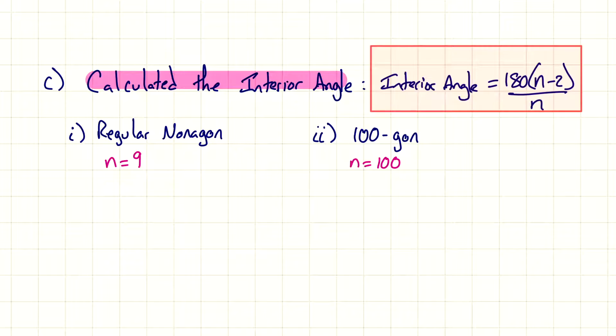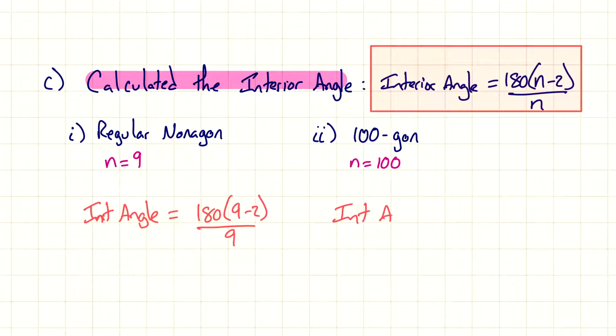We already have a formula, which we've said is interior angle is equal to 180 times 9 minus 2 over 9. And then I'll do the other one as well. Interior angle is equal to 180 times 100 minus 2 over 100. All right. So that's how we set up both of these.